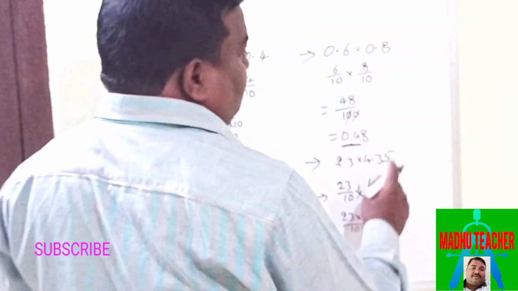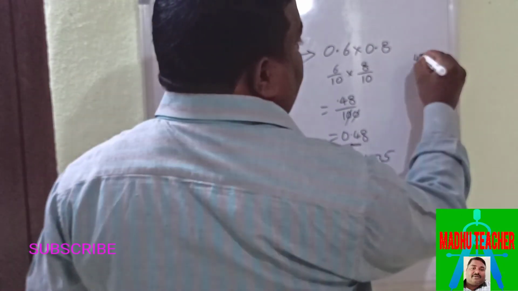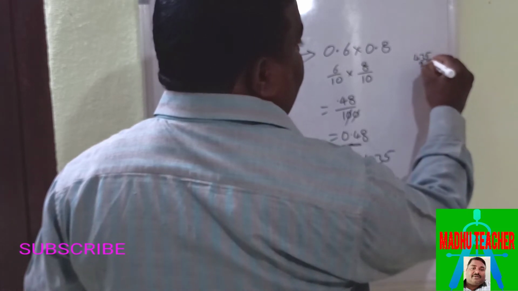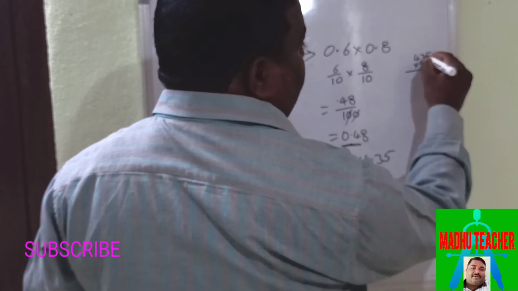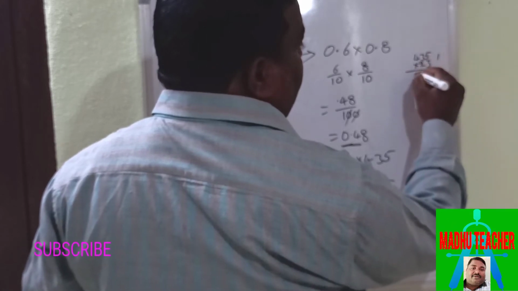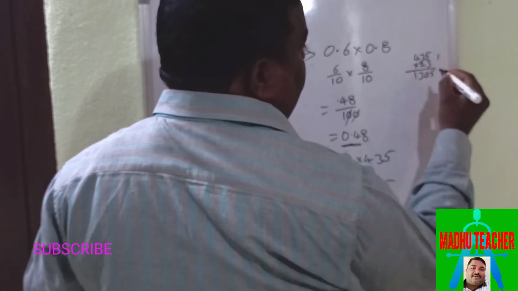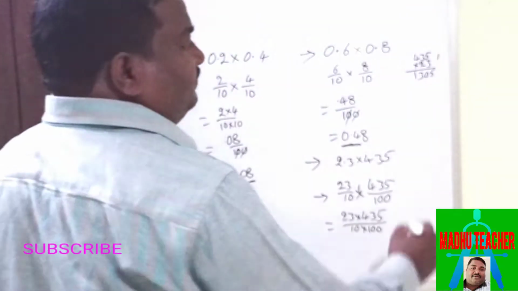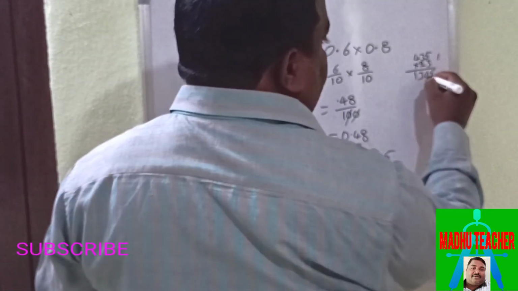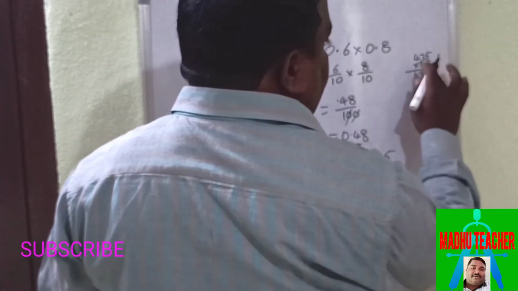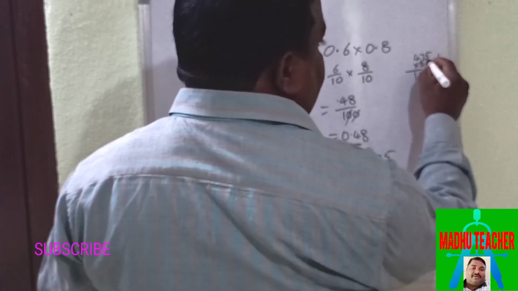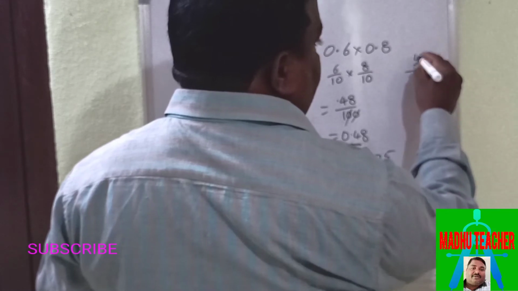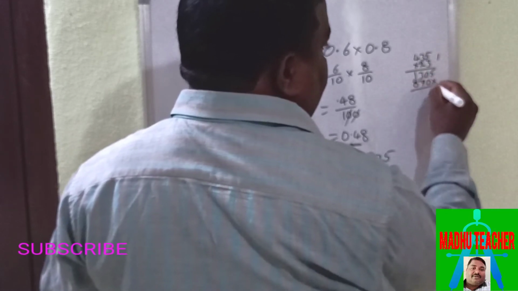So 435 into 23. 3 5s are 15. 3 3s are 9 plus 1, 10. 3 4s are 12, 13. 2 5s are 10. 2 3s are 6, 7. 2 4s are 8.